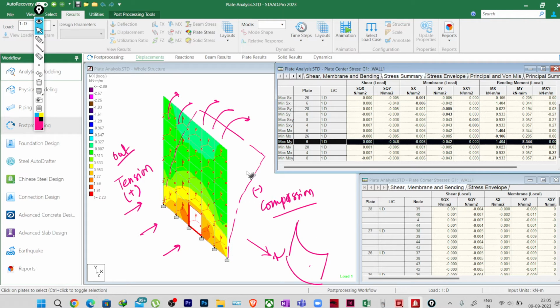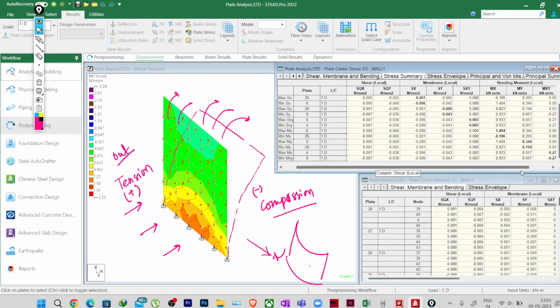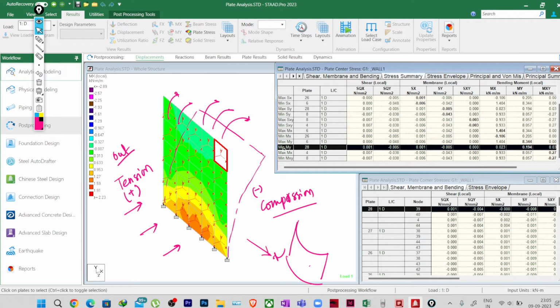Obviously it is a cantilever wall and the outer face will be under high tension. So this positive moment, and we also see that z is the outward direction, so obviously this positive moment will be for the outer face of the wall, and the negative value we don't get here in My direction. There is no negative value. Okay, mostly the positive value only.